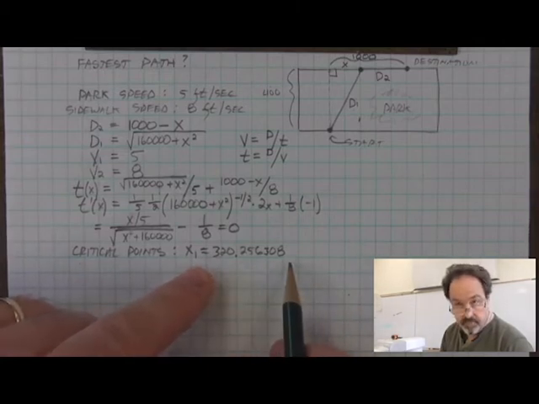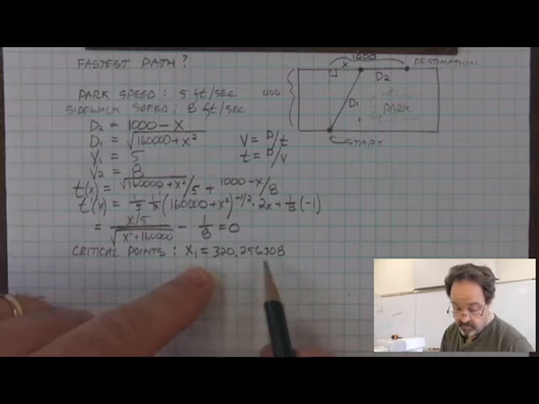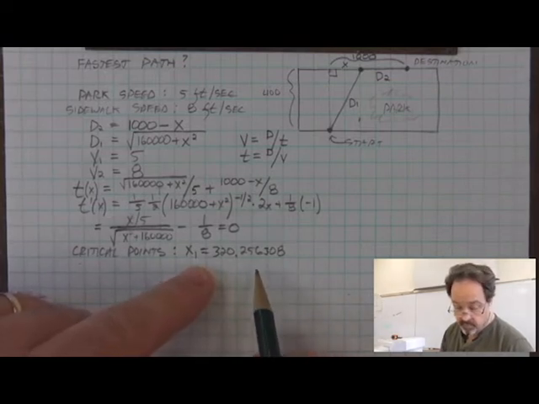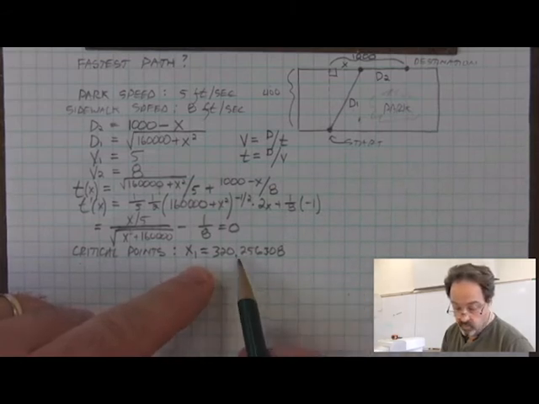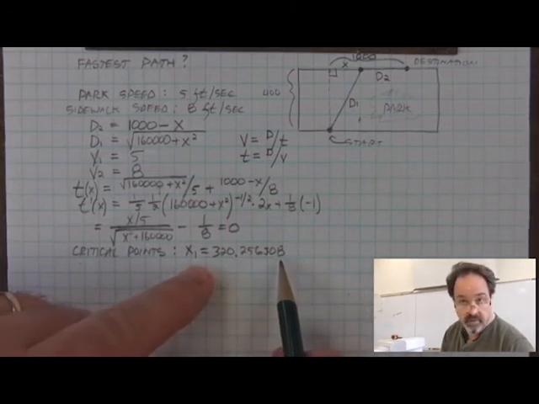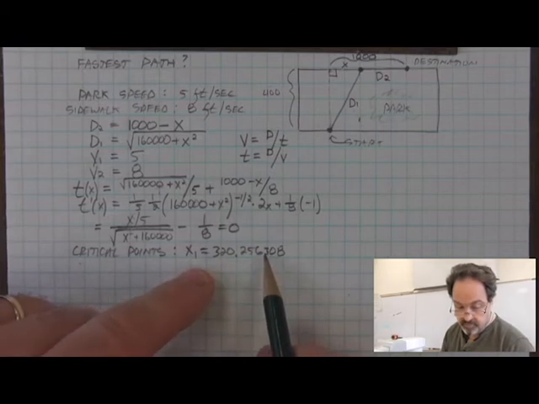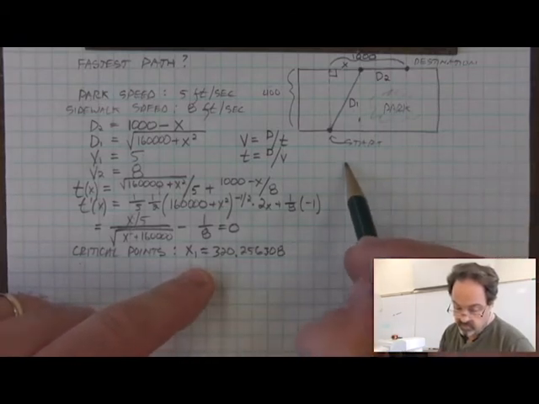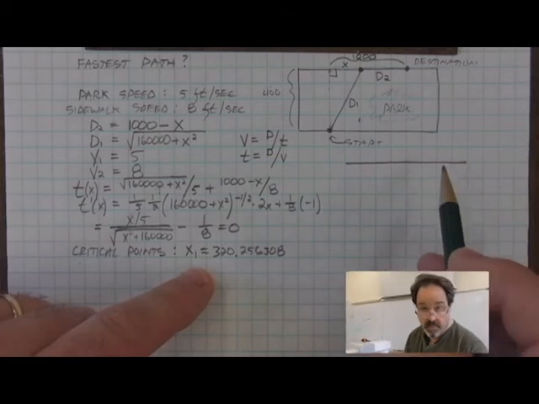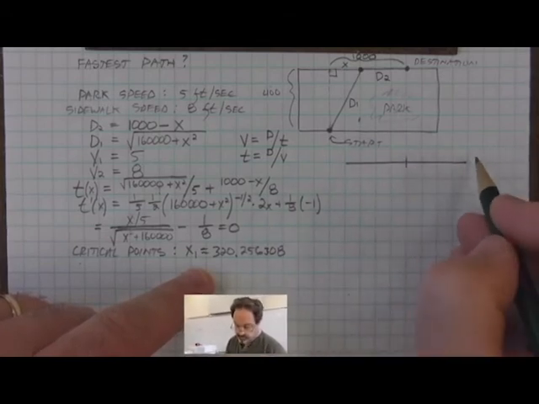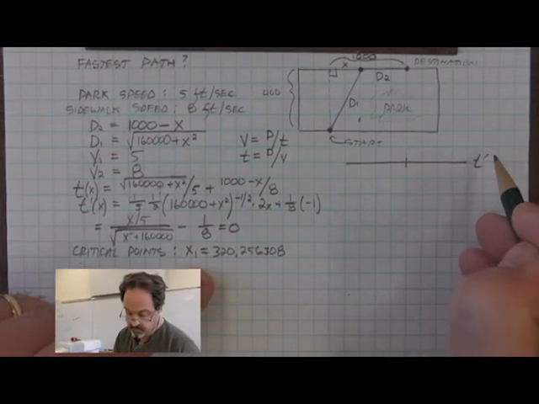It's irrational, and I listed it to 6 decimal places because if we're going to use this value further in a process, then we want that accuracy, so by the end of the problem, we'll be within 3 decimal places of accuracy. Here we have a critical point, an x value. We still need to justify that it's a minimum by making a sign line for the derivative.